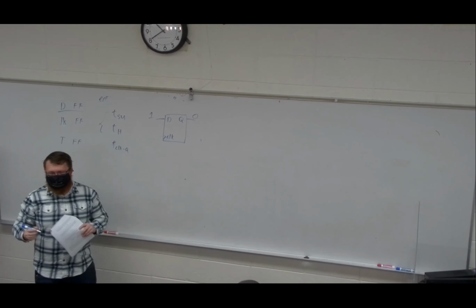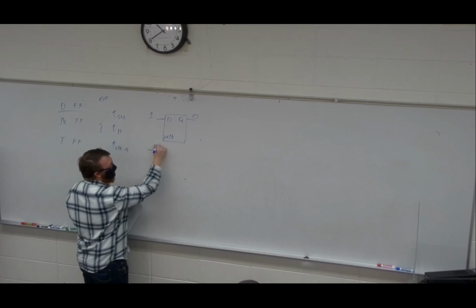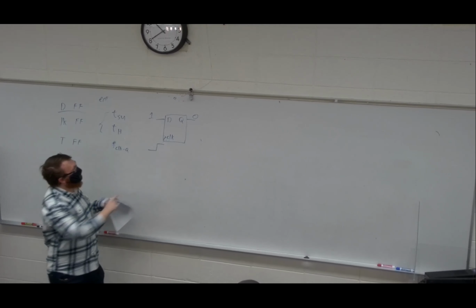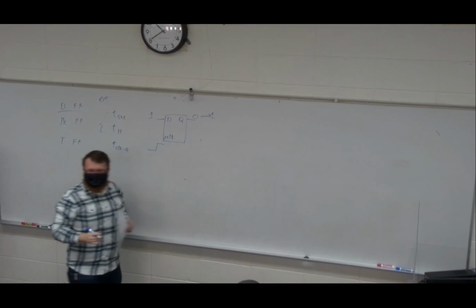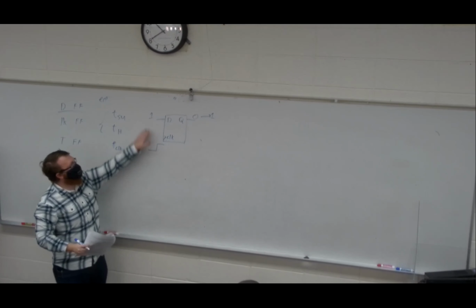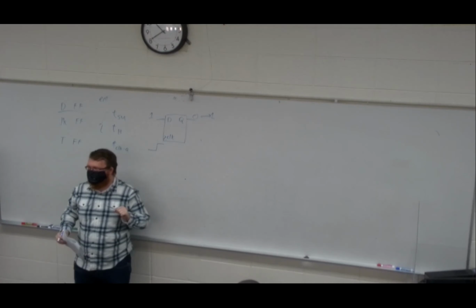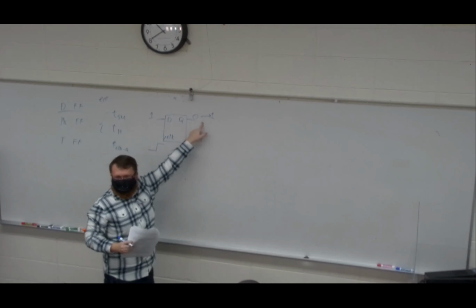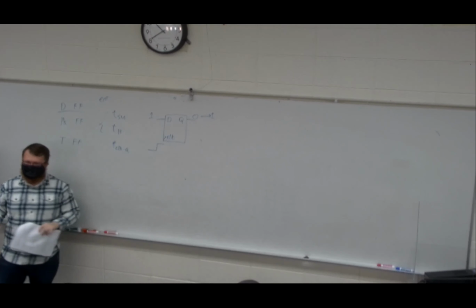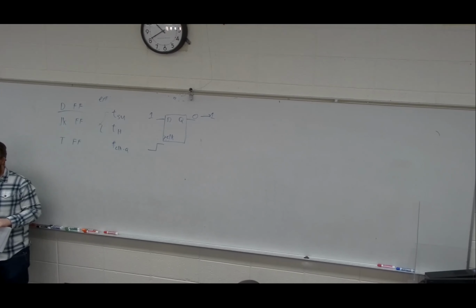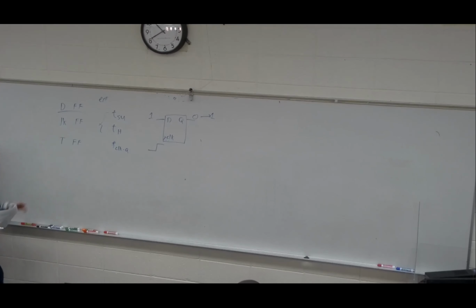So it's about to change on a rising edge of the clock. The clock happens. That means we want 0 to transition to 1. That's what a D flip-flop does. Rising edge of the clock, take the input, throw it on the output. The time that it takes to go from 0 to 1 is the clock to Q. That is the same idea for a JK flip-flop or a T flip-flop: how long from when the clock hits to when we update the output.